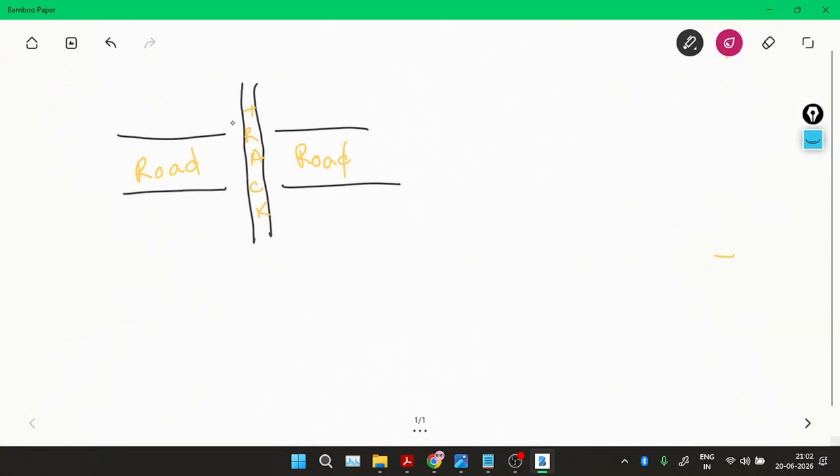It is much more distinguishable here. So this is the gate, and here is another gate. My drawing is not good. So these gates will automatically close and automatically open without the need of human supervision.